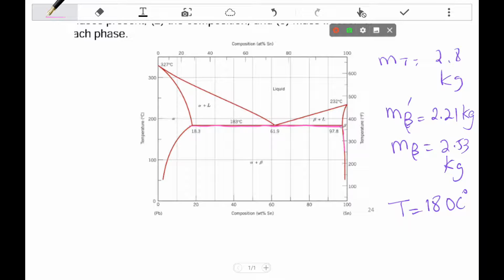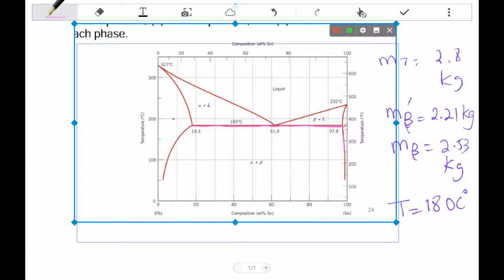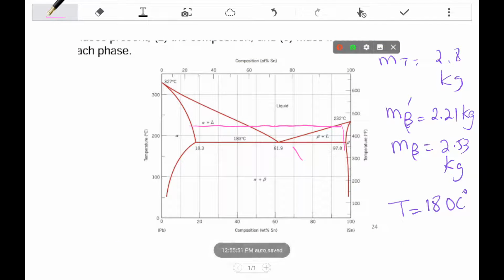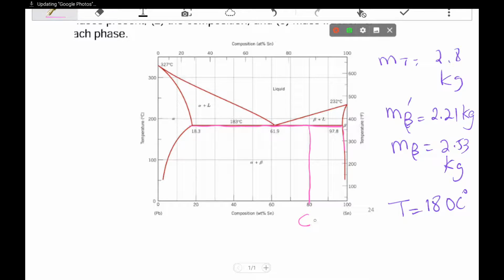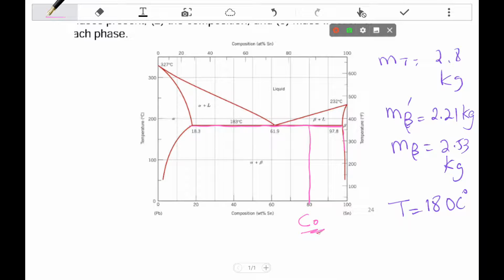So the first step is we're going to assume that the composition C0 that we're looking for is right in between here.